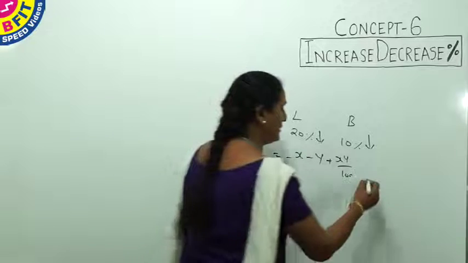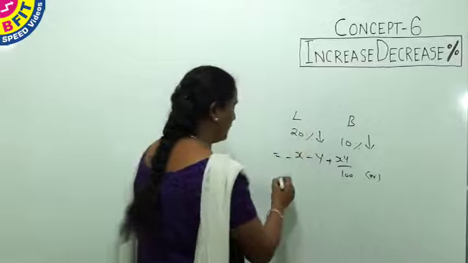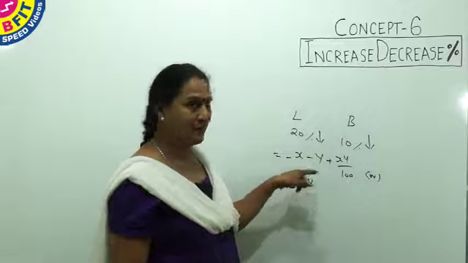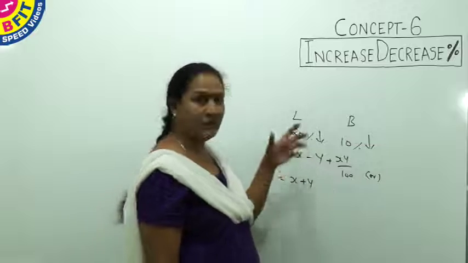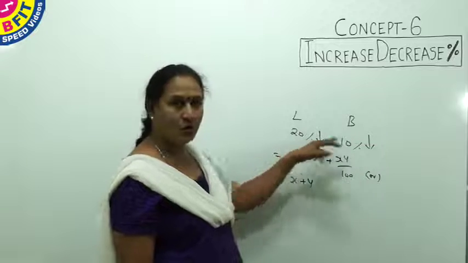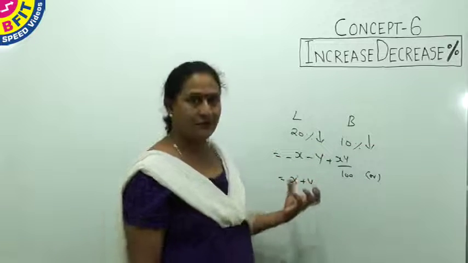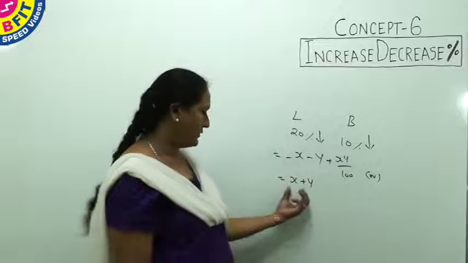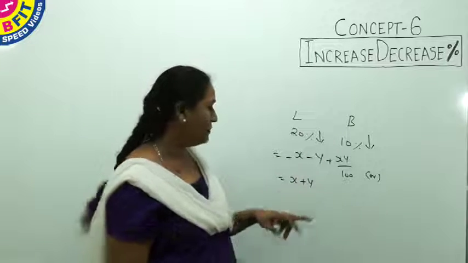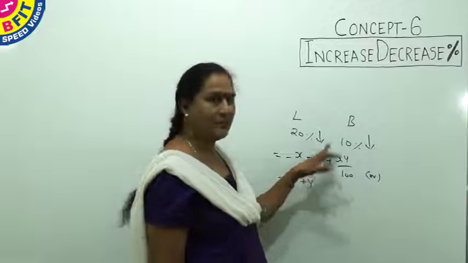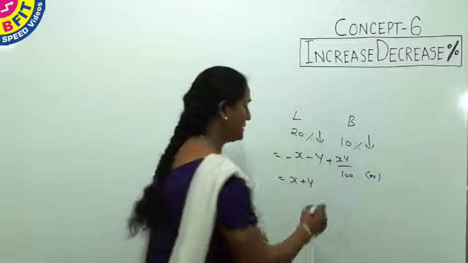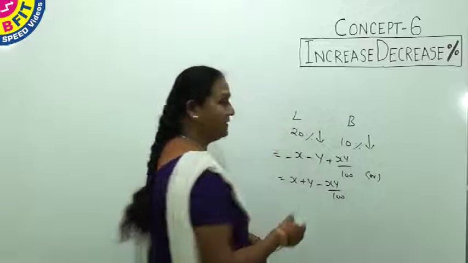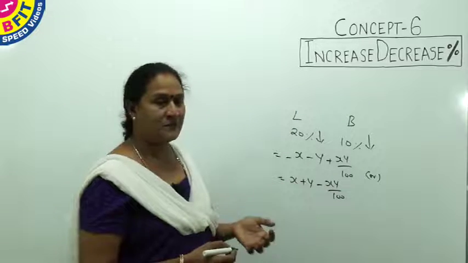Or this can be written with the overall sign implying the decrease. As both are decreased, whatever value we get is a decreased value. So instead of minus X minus Y plus XY, we can write X plus Y minus XY by 100 and find the single net decrease percentage.